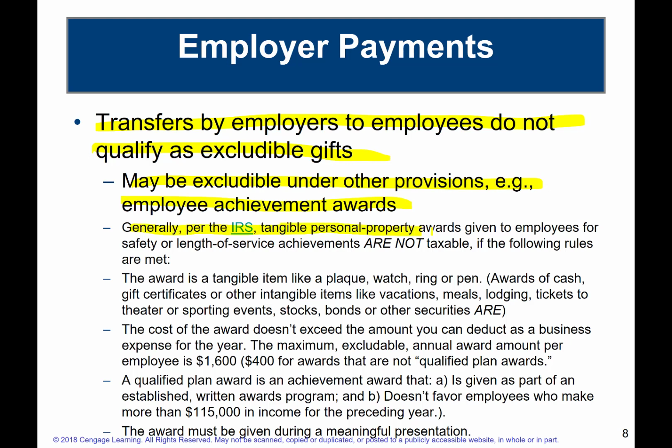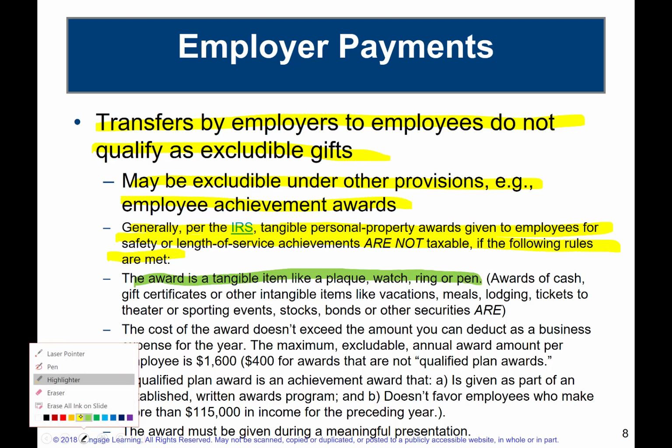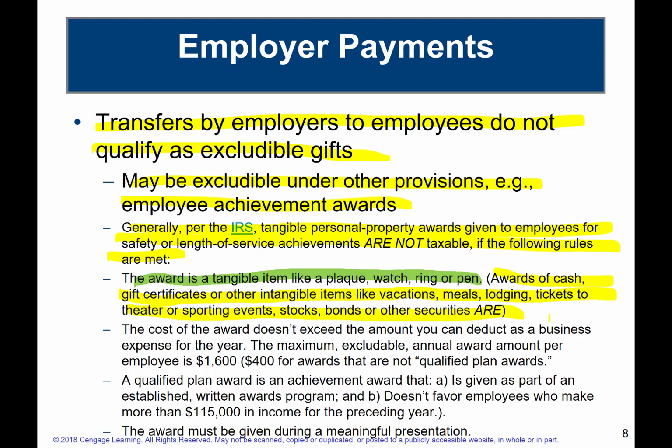So generally, property awards given to employees, watches, etc., are not taxable if the following conditions are met, and the award is of a tangible item. Again, that piece of lucite, the gold watch, the plaque, the ring. If they give you an award of cash, a gift certificate, or intangible items like vacations, meals, lodging, tickets to sporting events, bonds, those are taxable.